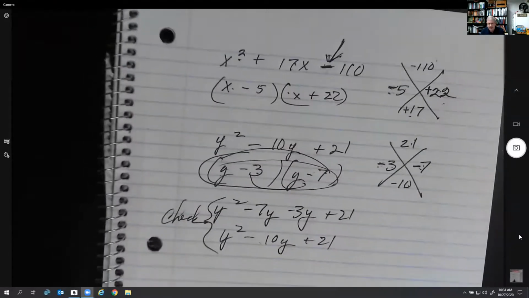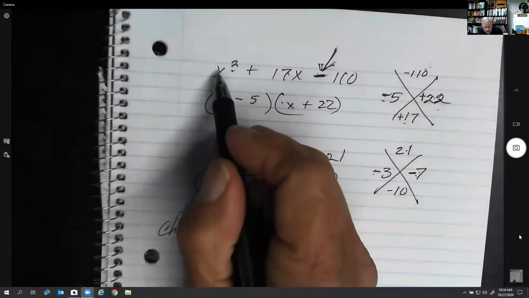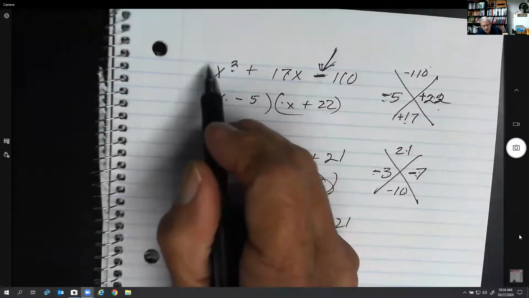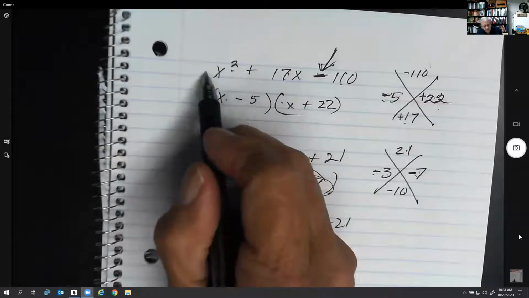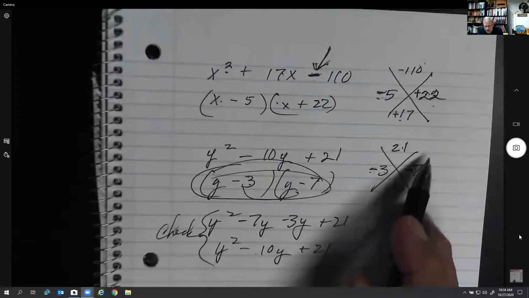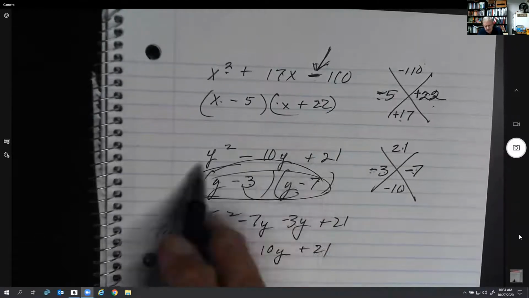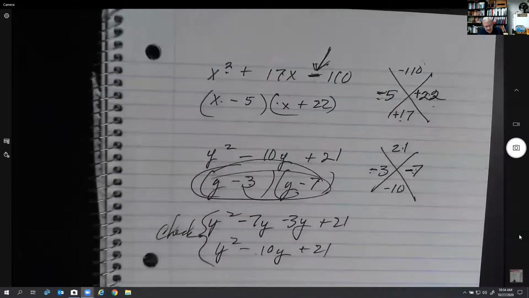Now, don't think that this kind of factoring is going to be super easy, because next week we're going to start putting a number in front of here, and that's going to make it all real complicated. And that's why we want to do it by this X-box method. Because if you do it the other way, sometimes there's 36 different combinations that may work on this problem, but only one out of those 36 is going to work.